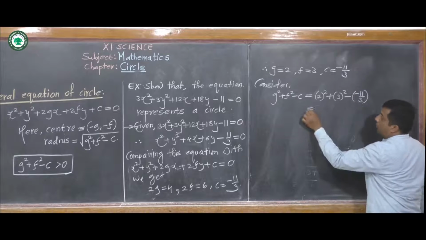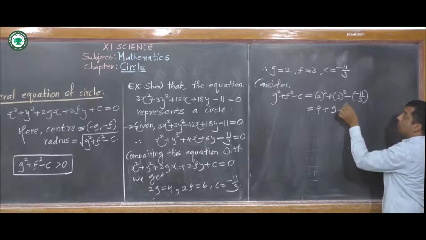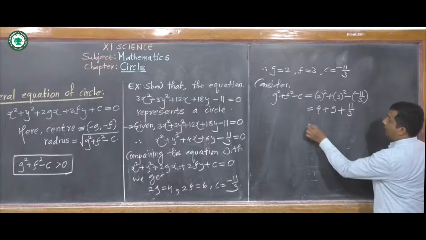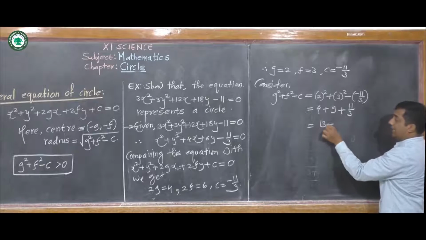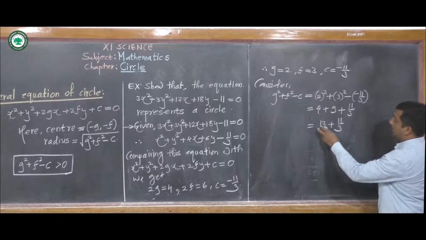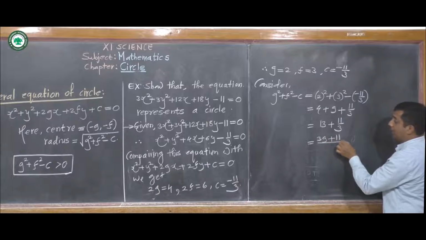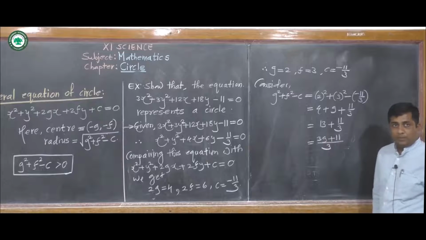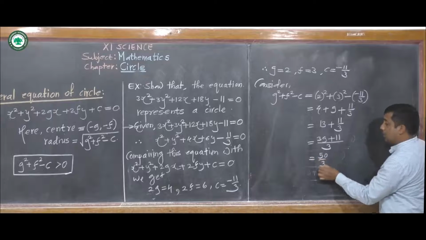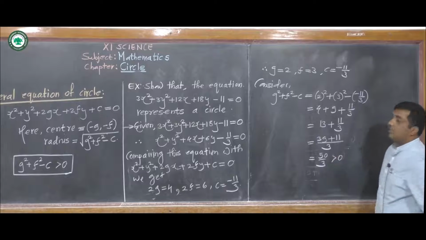We know 2 square is 4, 3 square is 9, minus of minus is plus, so plus 11 upon 3, which is 4 plus 9 is 13 plus 11 upon 3. Now 13 plus 11 upon 3 is 39 plus 11 upon 3, and in the last 39 plus 11 is 50, so 50 upon 3, and we know 50 upon 3 is greater than 0.